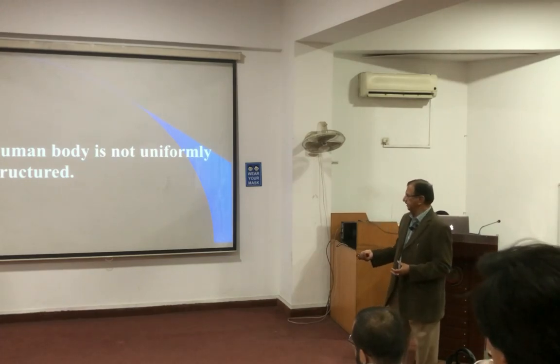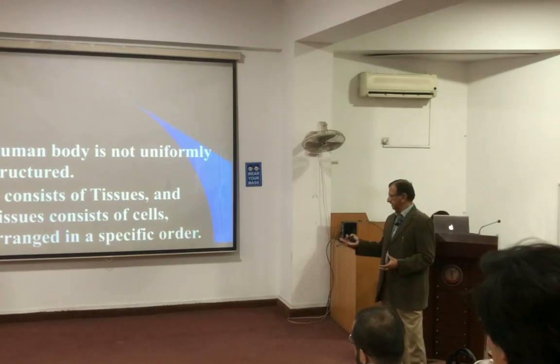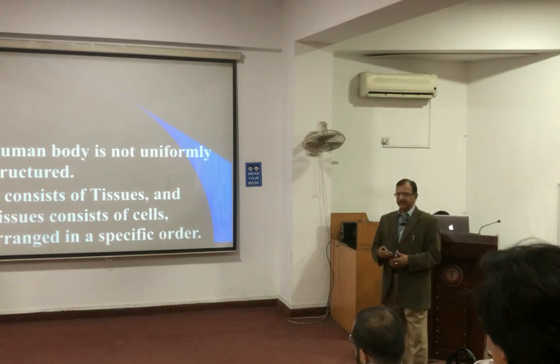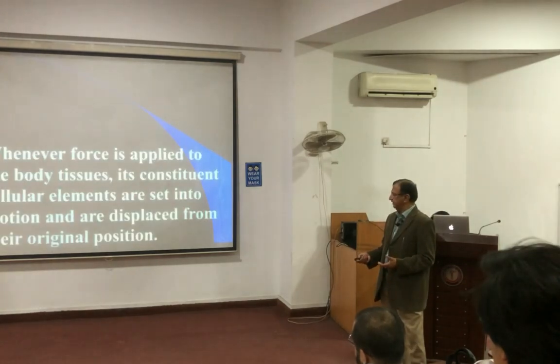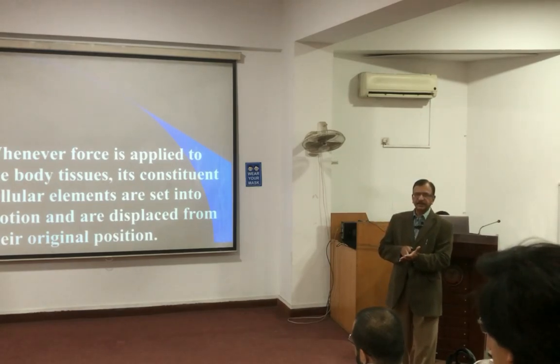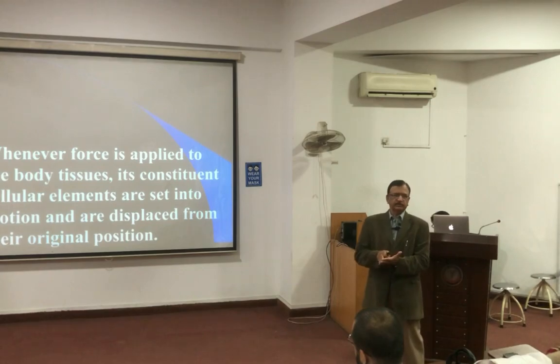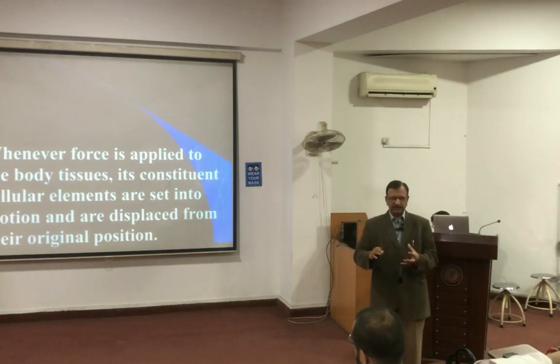As I discussed, the human body is not a uniform tissue. It is made of cells, and the cells, they are arranged in a specific manner in various tissues. And when the force is applied, the cells try to slide one above the other. They distort like they are sliding one above the other.